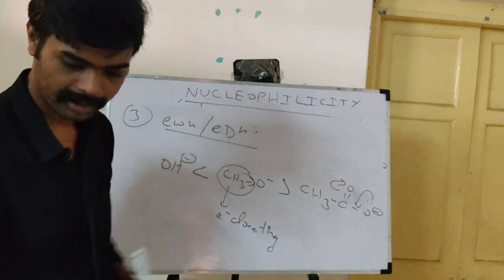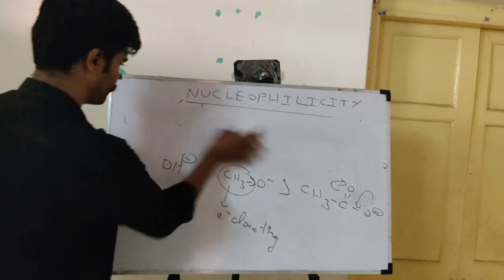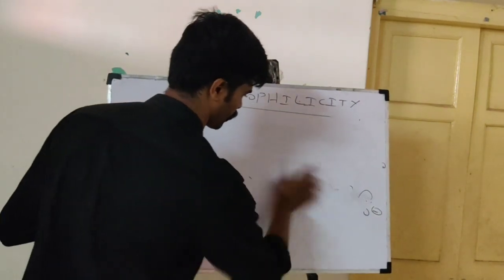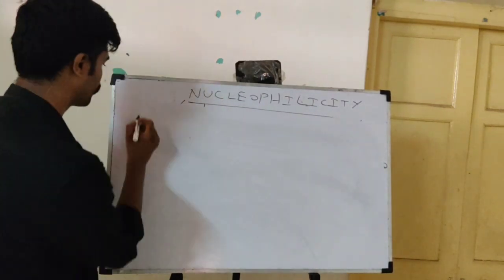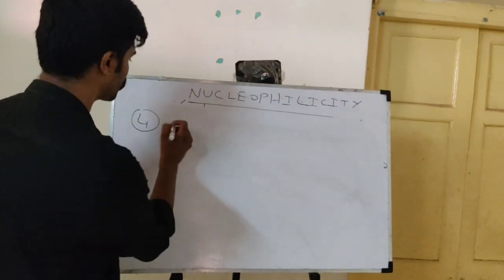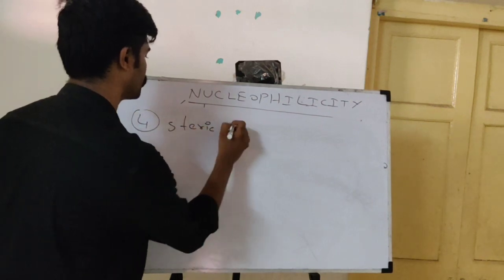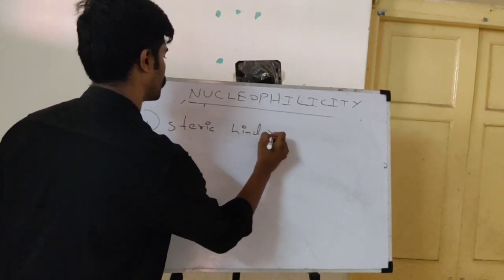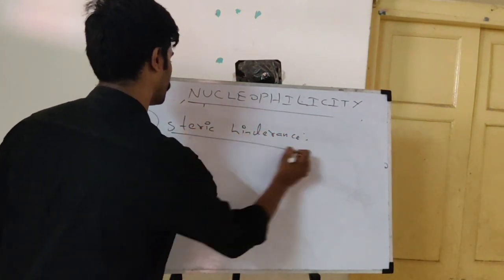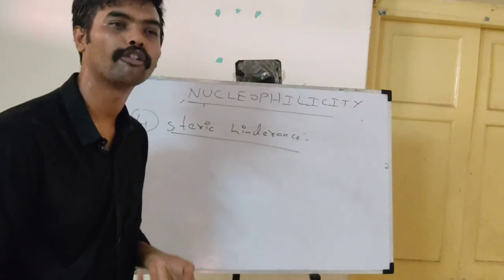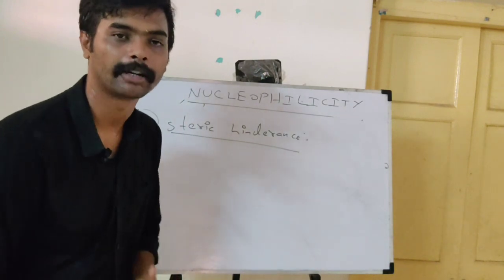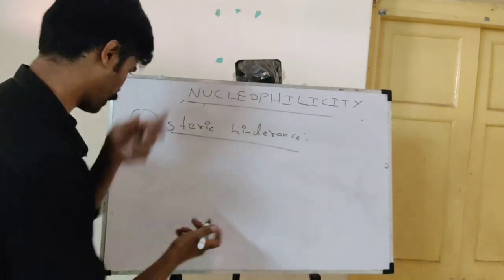Okay, now this is one more factor. Moving on. The fourth factor is going to be steric hindrance. Now this is a technical word for the basic term of crowdedness, how fat or how big that particular nucleophile is. I'll go for an example.